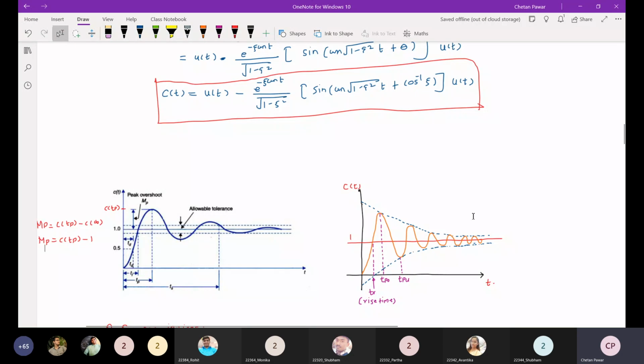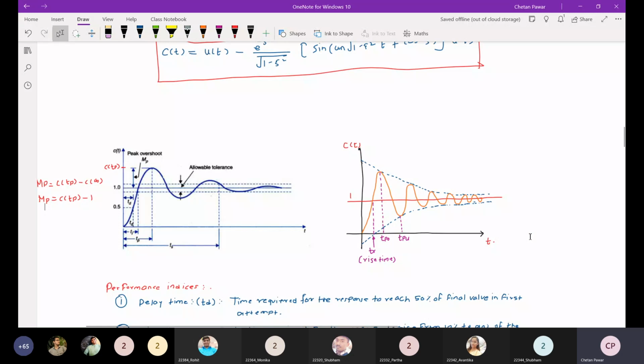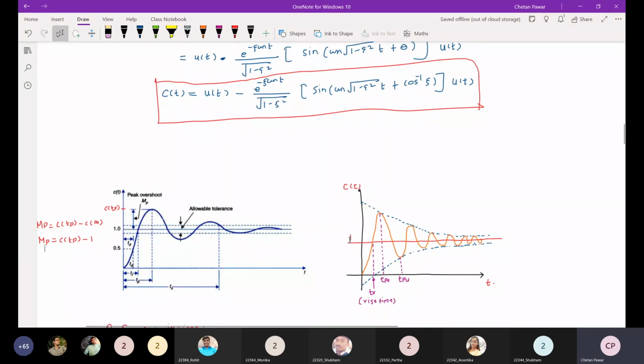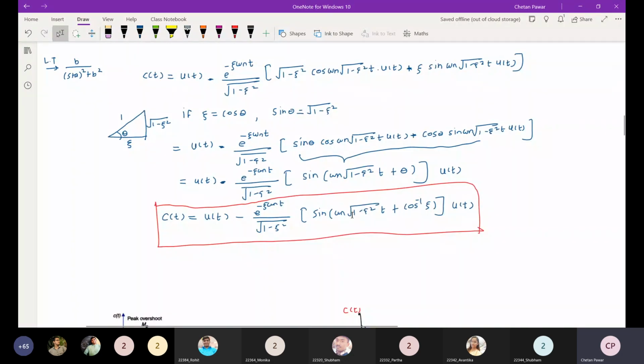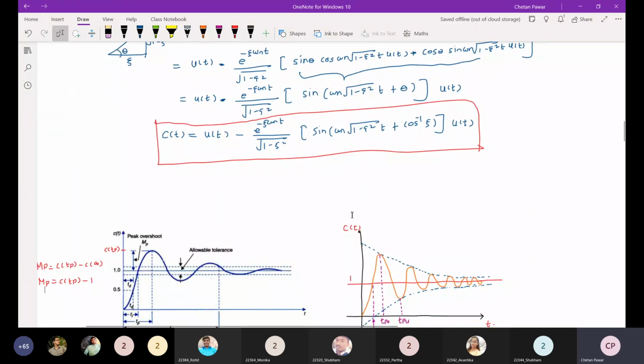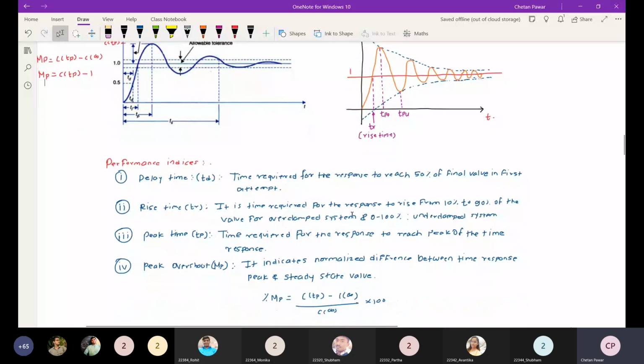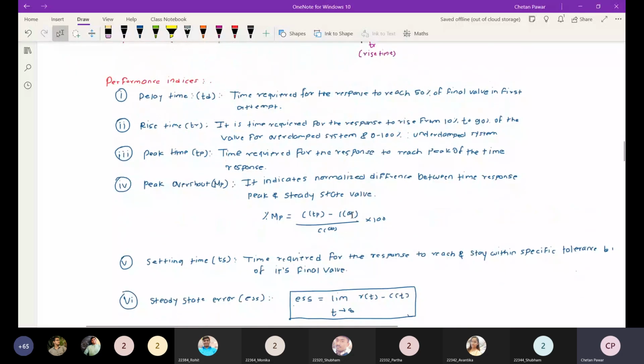Just like we saw for the impulse response, which was symmetric around the x-axis, here it is symmetrical around the unit step signal. So this is all about the underdamped system response. Then we will derive the equations for these times: rise time, delay time, and all those.